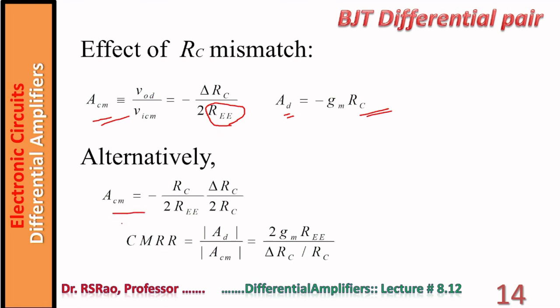ACM can be put in a slightly different form as minus RC by 2 REE times delta RC by RC, and CMRR can be computed. It can be found equal to 2 GM REE by delta RC by RC. Notice when delta RC is 0, when resistors are identical, then CMRR tends to be infinity.